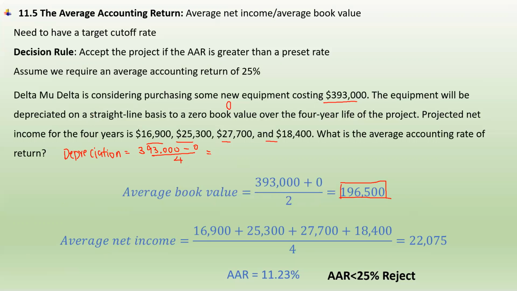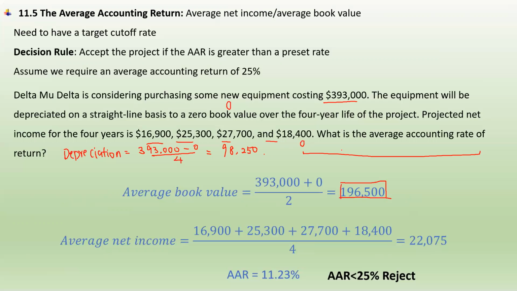So it equals 98,250. And then what's the book value at each year?